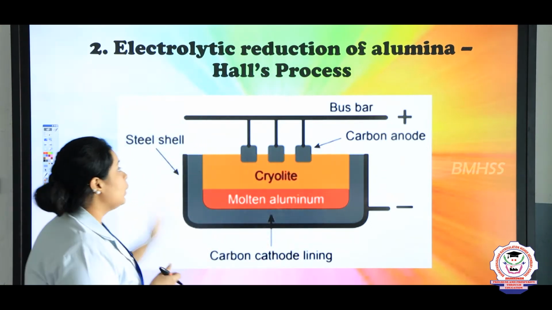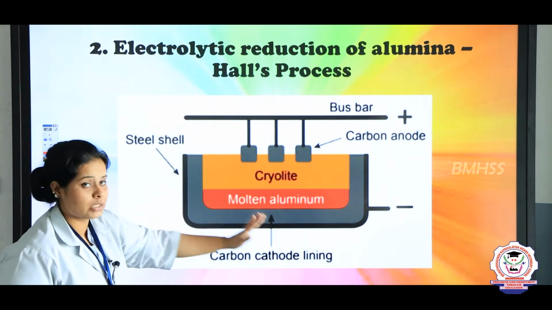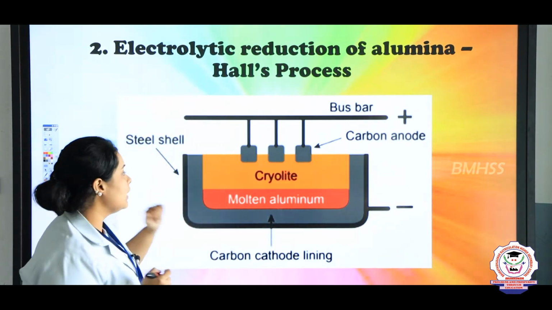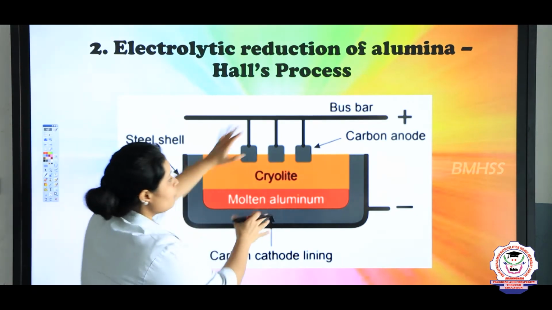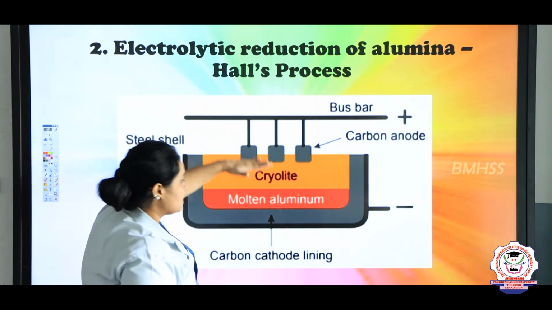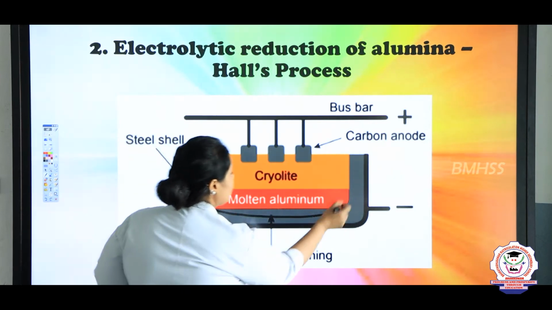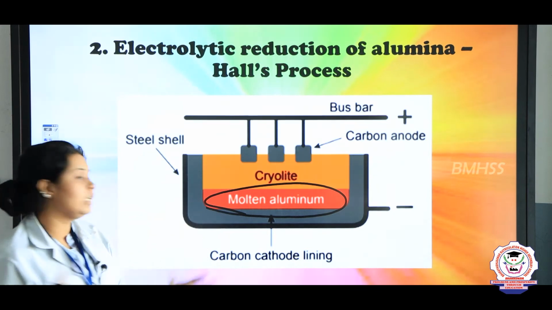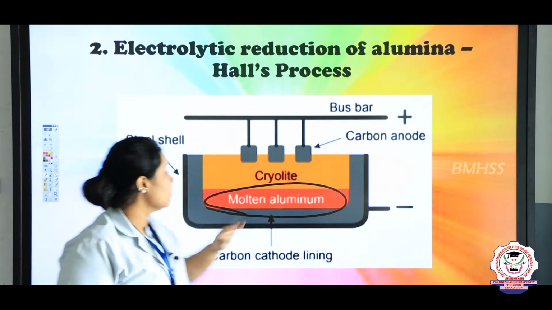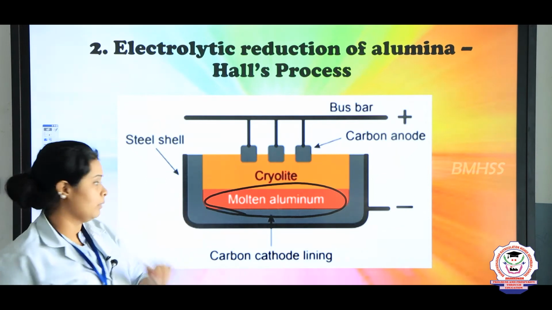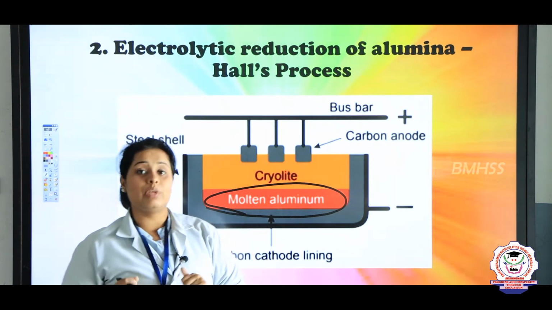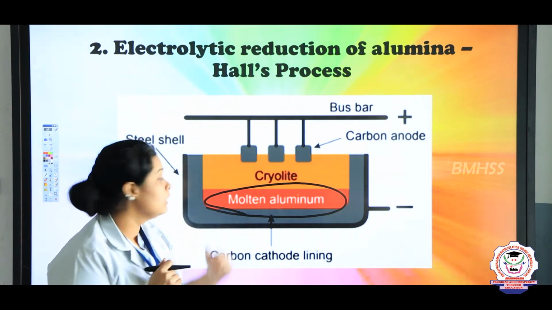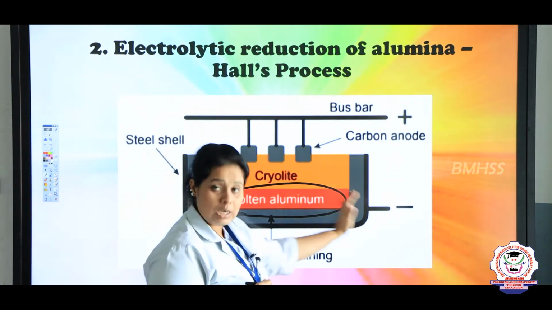When the electricity is passed at a temperature of 900 to 950 degrees Celsius, you will see that the aluminium from this substance settles down next to the cathode, and in the same way the impurities go and stick to the anode. So here you get molten aluminium, and the electrolyte we have used is cryolite.